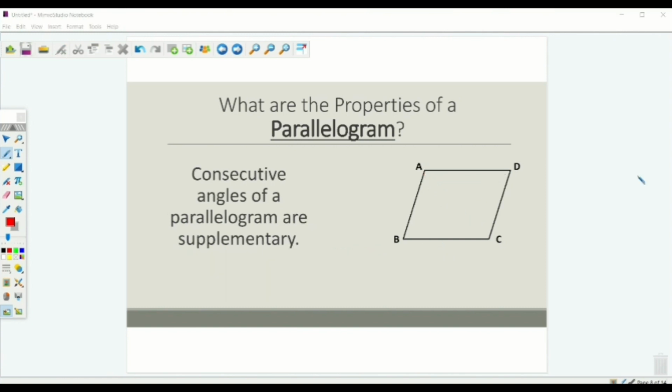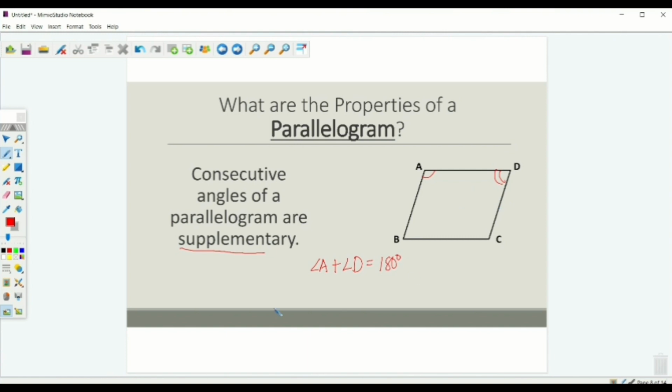Next property of a parallelogram is that consecutive angles of a parallelogram are supplementary. By definition, when we say supplementary, the sum of its angles is equal to 180. So in this figure, we conclude that angle A plus angle D is equal to 180 degrees.